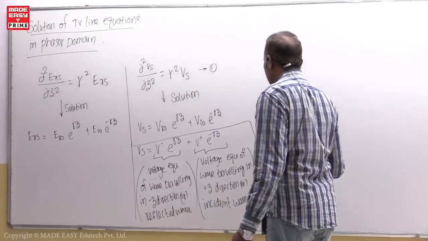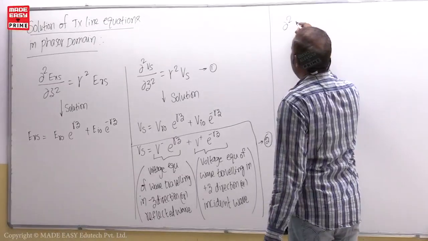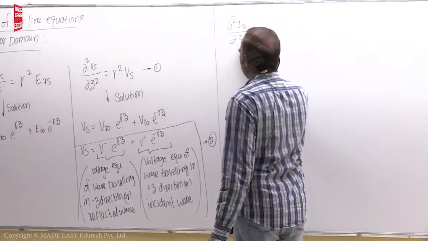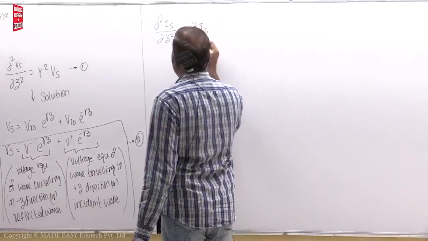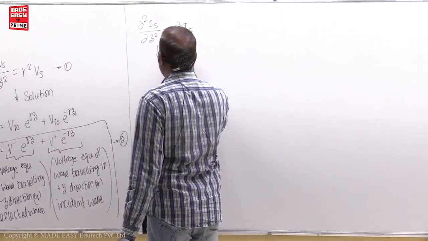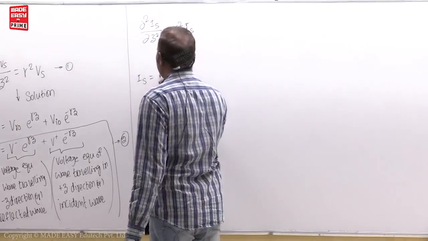So this is equation number 2. Similarly, the current equation is ∂²Is/∂z² = γ² Is. So ultimately the solution of this is Is = I⁻ e^(γz) + I⁺ e^(−γz), similar to this.